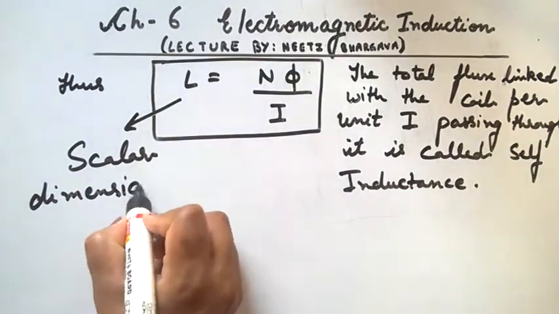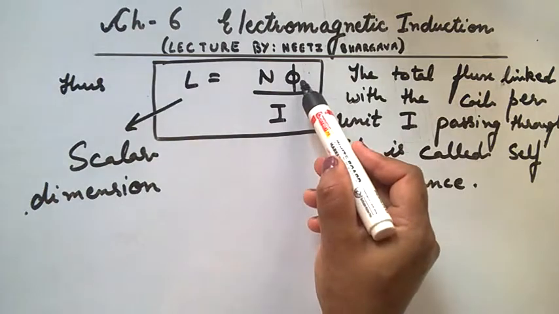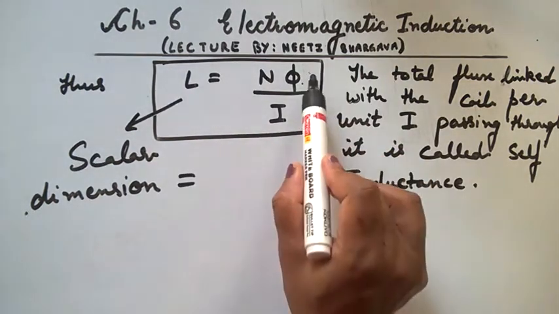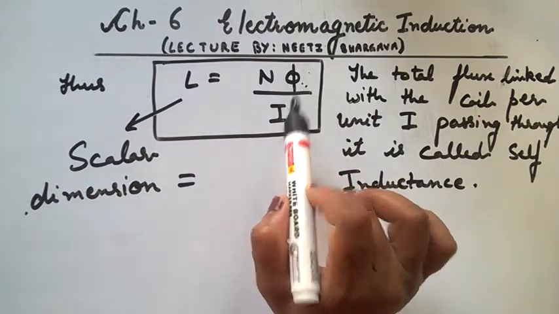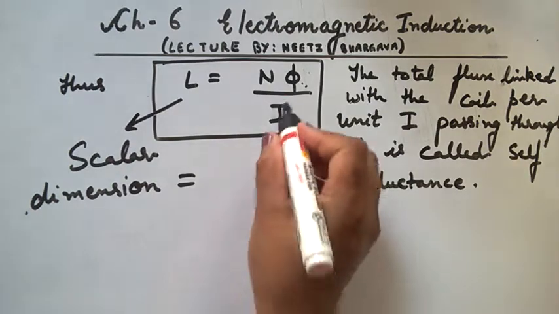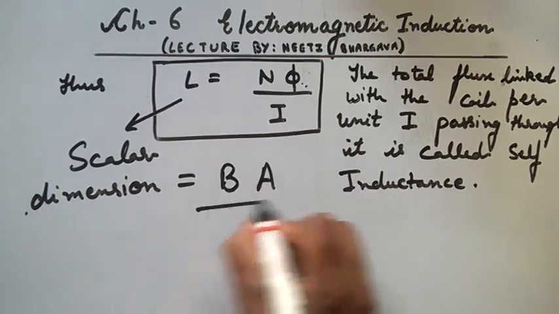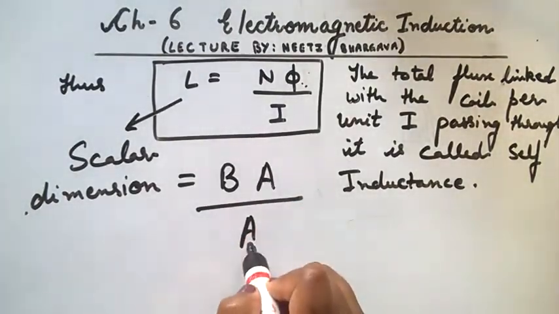You need not remember the dimension of any physical quantity. You can just derive it with the help of a formula. We have already found the dimension of magnetic flux, that is phi equivalent to BA, and I is in ampere. So here it is area, here it is ampere.